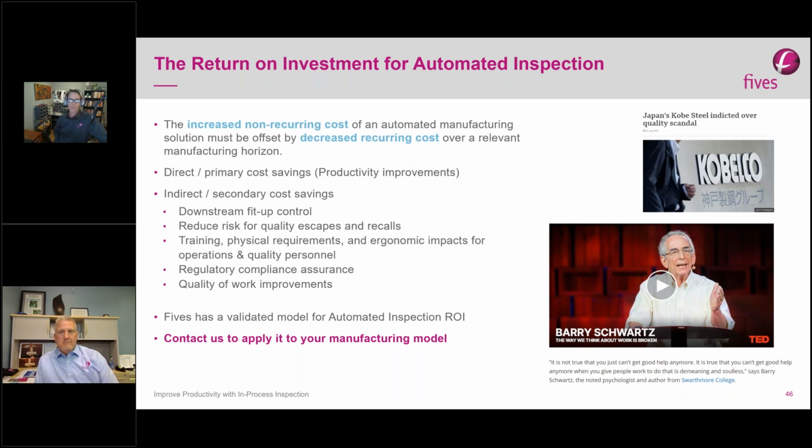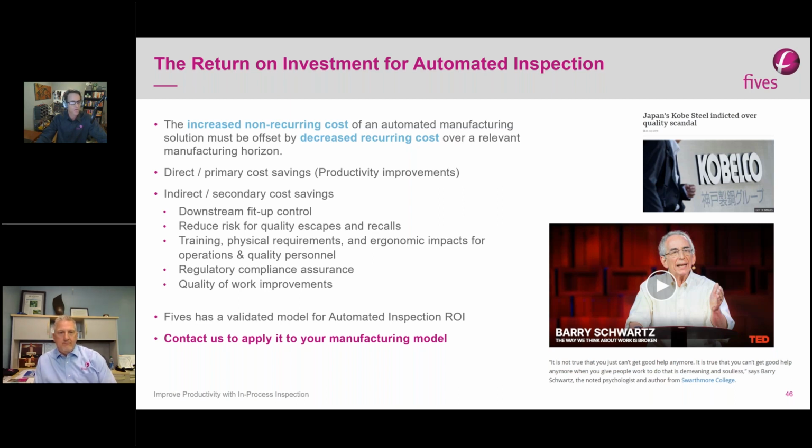They almost went out of business when it was uncovered that their quality inspectors falsified inspection reports because they allowed them to do manual inspection. Regulatory requirements, training, all of these things become more standardized and less human intensive or human technique intensive.